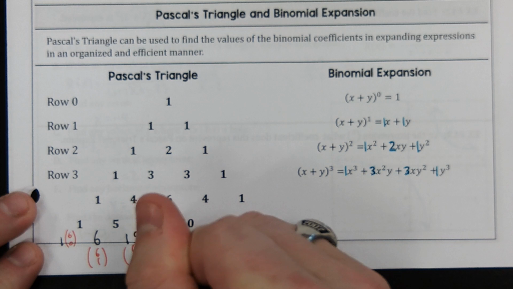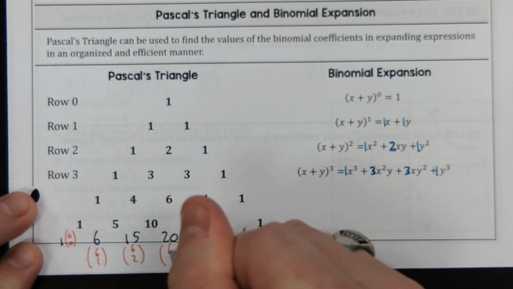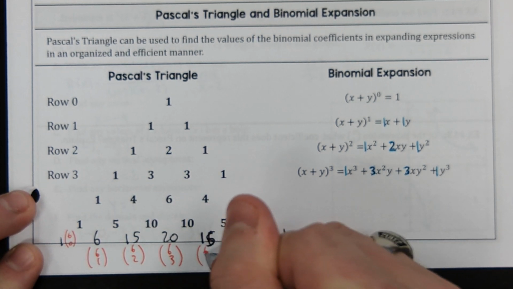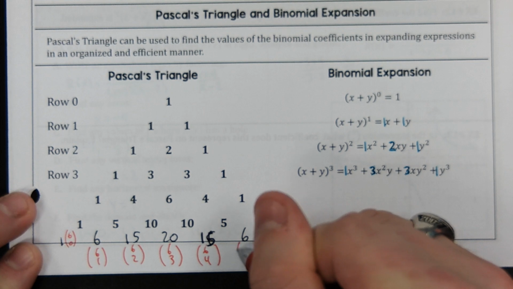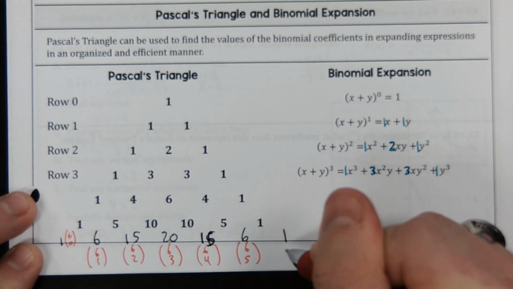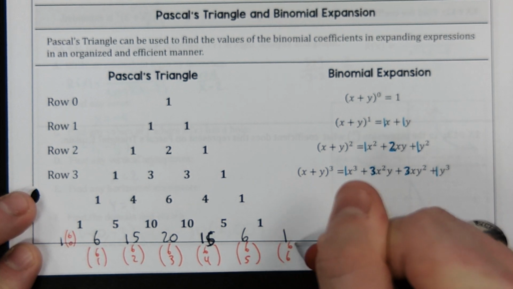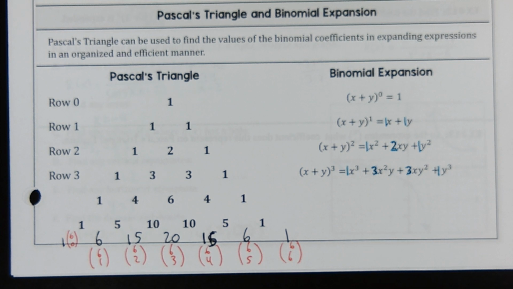This one is 6 choose 2. This one's 6 choose 3. 6 choose 4. 6 choose 5. And 6 choose 6. So every entry in the row is a binomial coefficient that the choose function would have given to us if we had used our calculator.